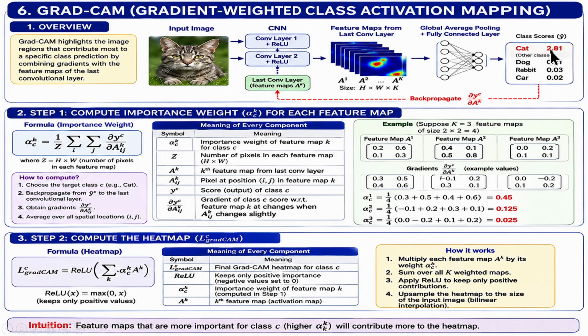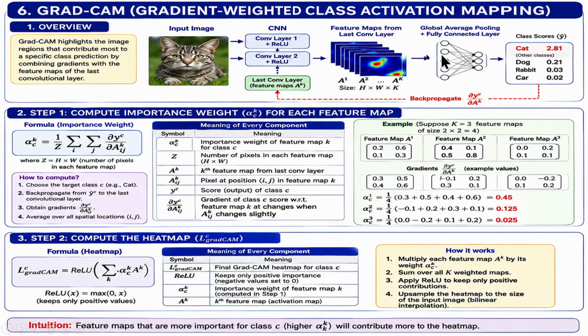Based on the score, we predict whether it is a cat or a dog, whichever output neuron is giving us the highest weight or score. We predict the output to belong to that particular class.